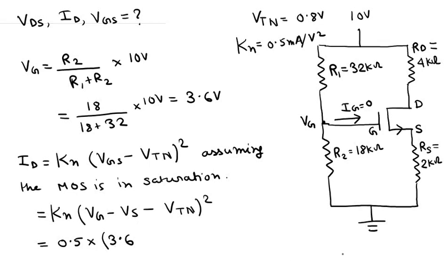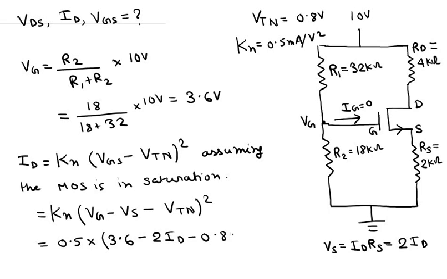VS is equal to ID into RS, where RS is 2 kilo ohms, so 2 ID, where ID is in milliamperes. VTN is 0.8 volts, which is given over here.